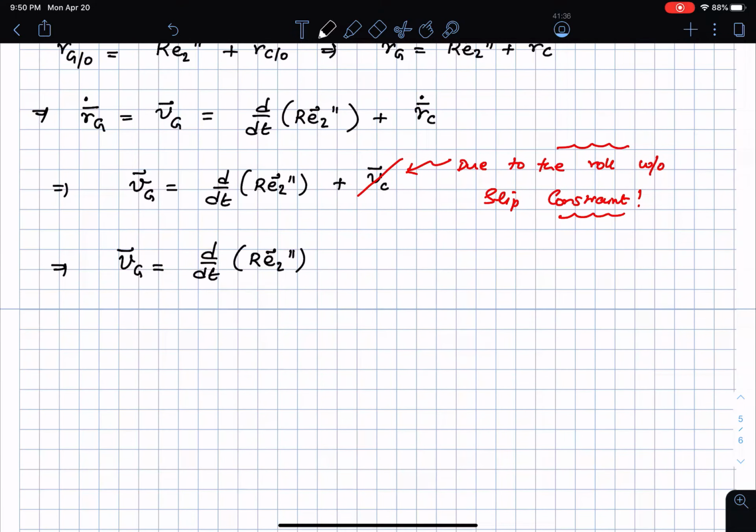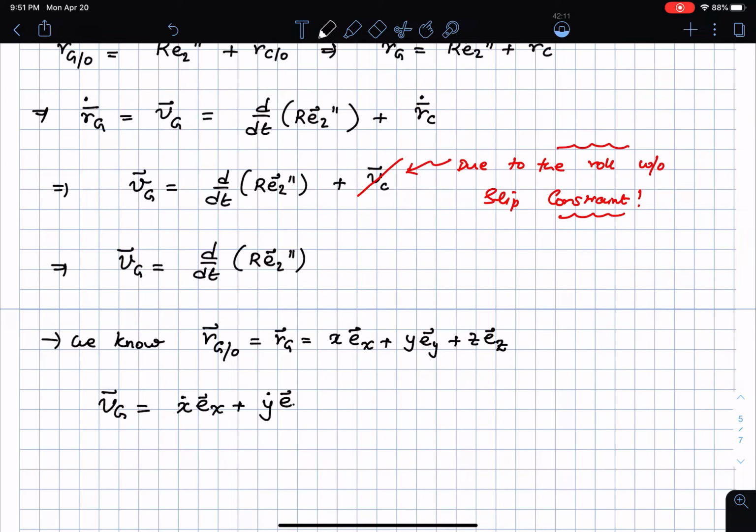Now what is Vg? We know r g slash o, which is r g, can be written in terms of the configuration coordinates. This is the location of the center of mass, right? So this can be written as x ex, y ey, and z ez. Ex, ey, and ez is a frame that does not rotate, which means that if I do the differentiation, I get Vg is going to be x dot ex, y dot ey, z dot ez, and note e dot x is 0, e dot y is 0, e dot z is 0.